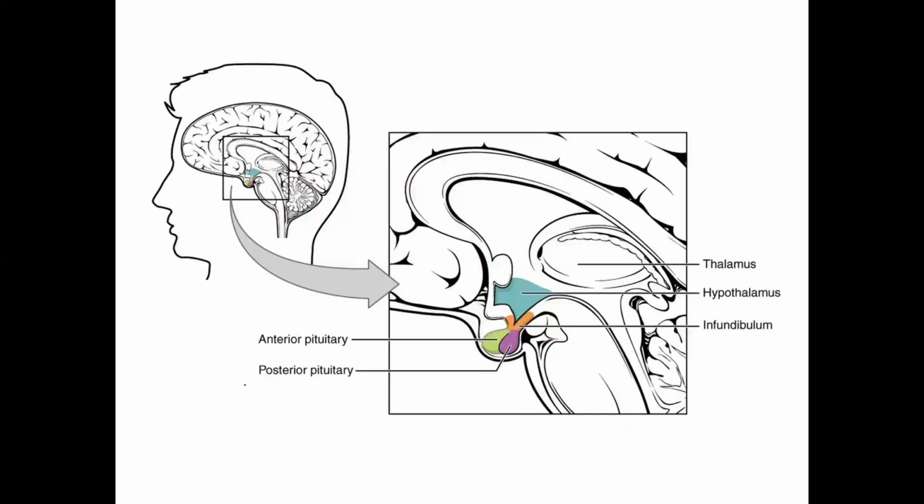This is the pituitary, purple and green, anterior and posterior, and this is the hypothalamus region, and this is the thalamus. The hypothalamus is located below the thalamus, and the pituitary is just below the hypothalamus.